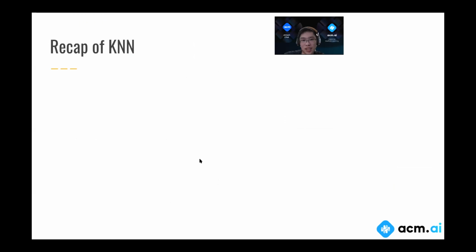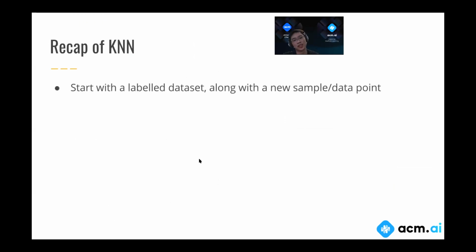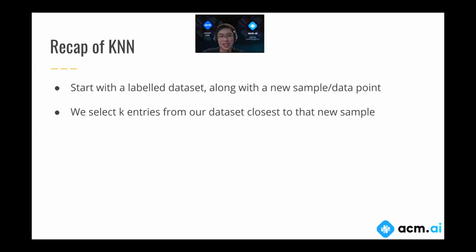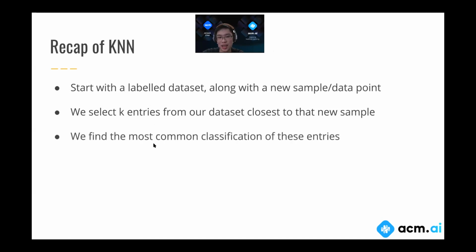So let's recap how KNN works. We start with a labeled data set along with a new data point or sample. We compute the K that we should use. And then we select K entries from our data set that are closest to the new sample.